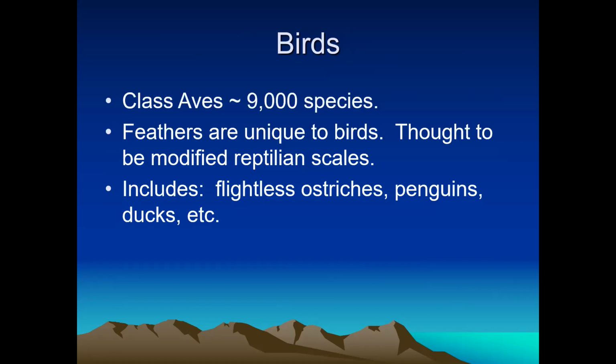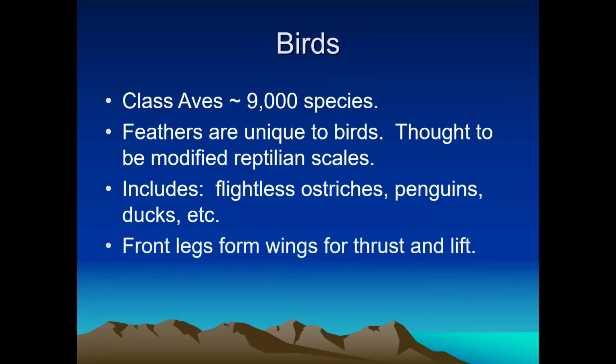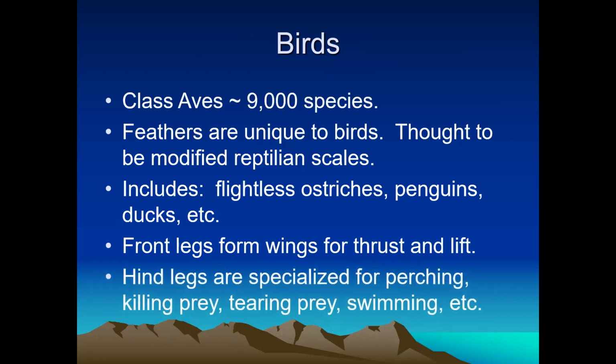But anyway, birds: the front legs form wings, and then the back legs are what we think of as legs. The hind legs are specialized for perching, killing prey, tearing prey, swimming, depending on the type of bird.